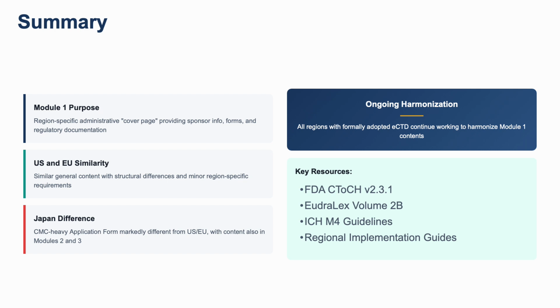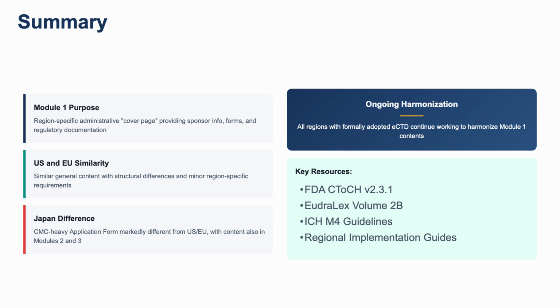Japan's approach is markedly different with its CMC-heavy application form that includes content also appearing in Modules 2 and 3. Despite these differences, all regions that have formally adopted eCTD continue working toward harmonization of Module 1 contents. Key resources you should bookmark include FDA's C2CH version 2.3.1, EudraLex Volume 2B, ICH M4 guidelines, and the various regional implementation guides.